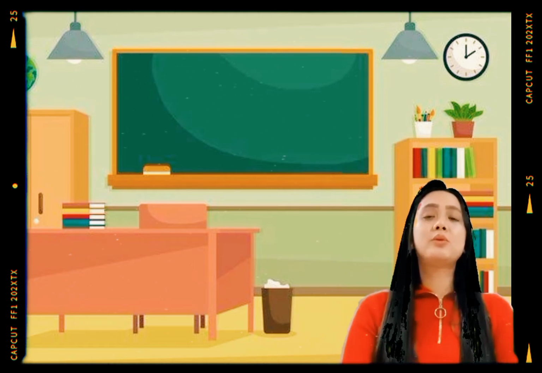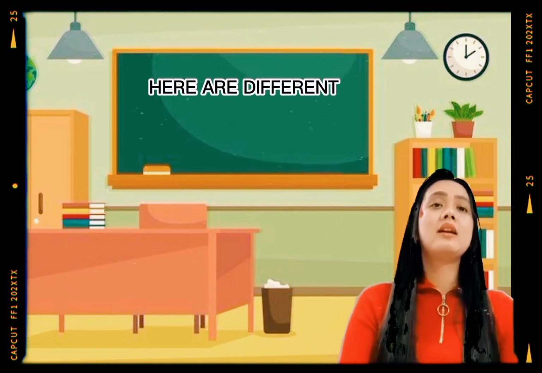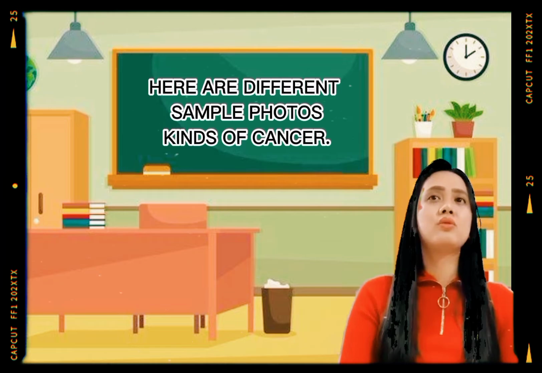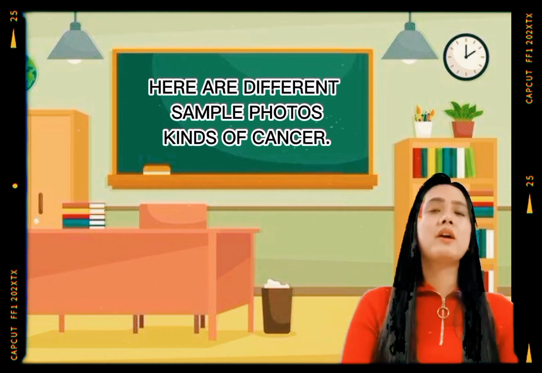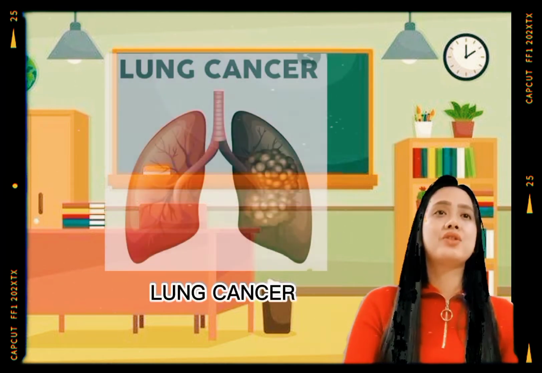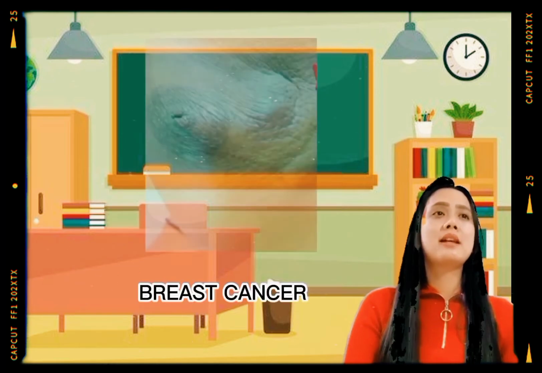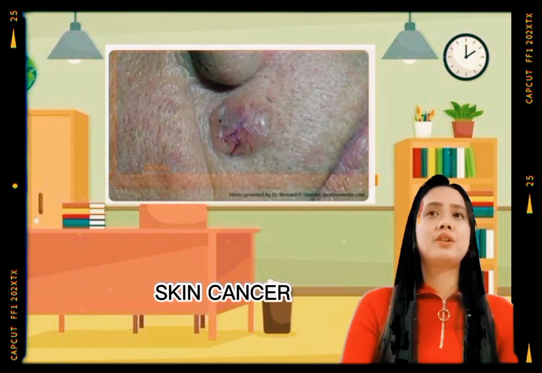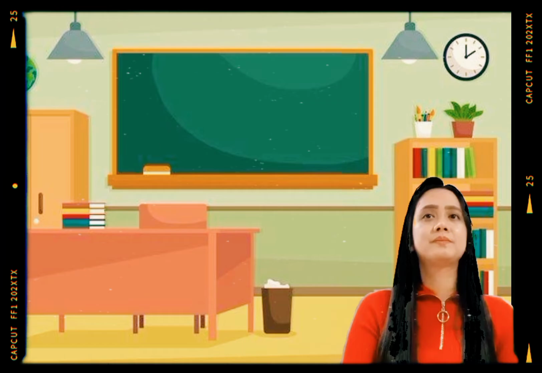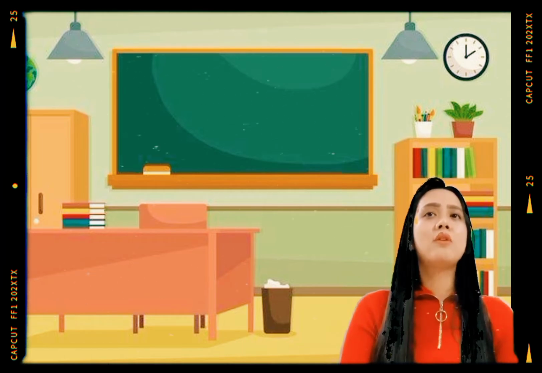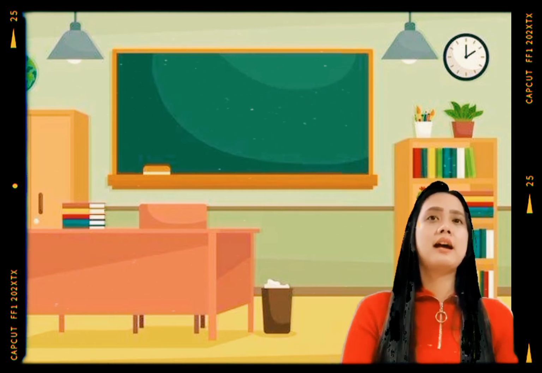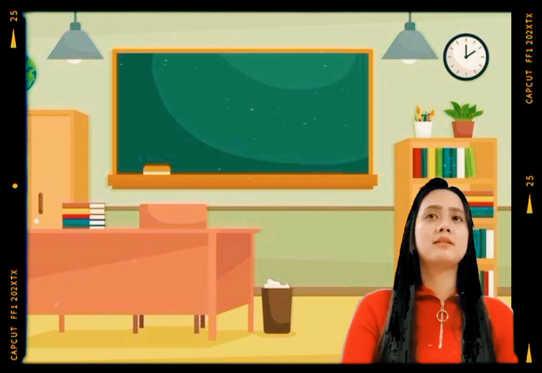And now, to be able to see what cancers look like, here are some sample photos of cancer. We have here the lung cancer, the breast cancer, and the skin cancer. It's shown in the photo the affected area and the growth of abnormal cells.